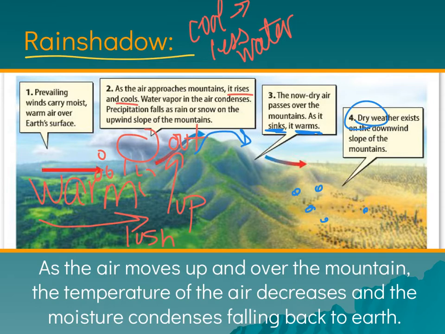So as that air goes up and over the mountain, the temperature goes down, releases a lot of that moisture, leaving it behind on one side, and then as that air flips over the top of the mountain and starts to sink back down, it warms up and is very dry because of releasing all the moisture on the other side. This over here then is known as the rain shadow. A lack of rain on one side of the mountains.